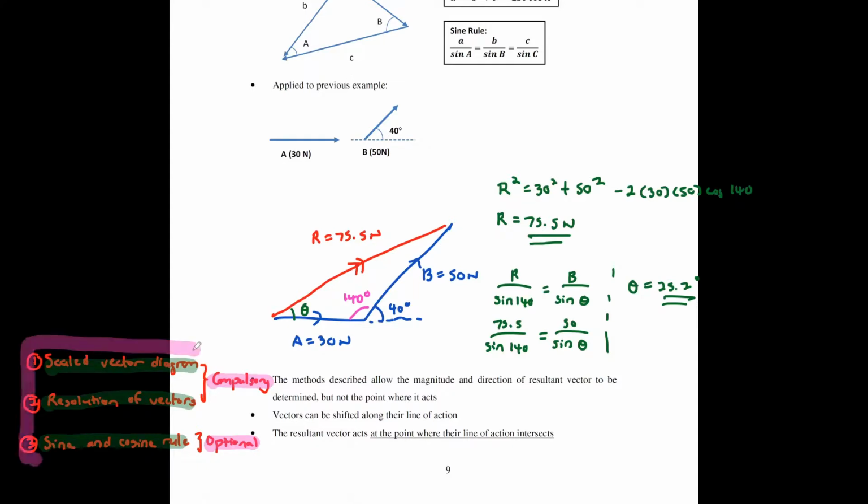Regardless of which method you use, the methods will only allow the magnitude and direction of the resultant vector to be determined, but it won't tell you the point where it acts.